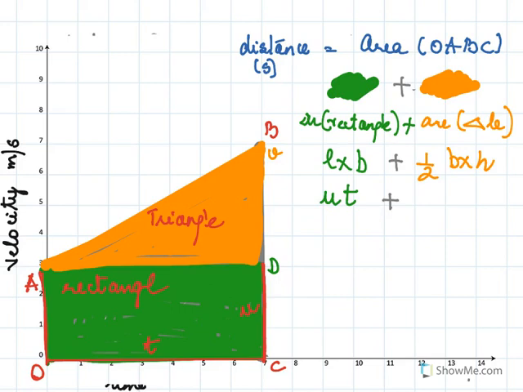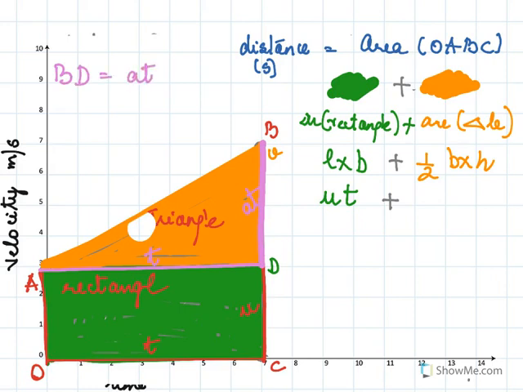now we have to go to the triangle, where the area is half base into height. Now for this triangle we see that this is the base. Let's mark the base. This is the base, which is again T, and the height of this triangle is here, BD. And if you remember earlier, we have found this as AT. In the earlier one, we proved that BD equal to AT.